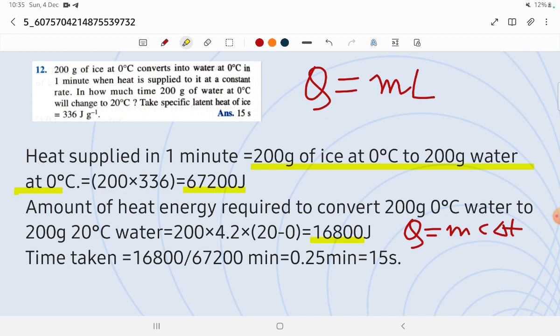So 1 joule energy is supplied in 60 by 67200 seconds, so this amount of heat energy will be supplied in that time. I have converted this into second. First I got the answer in minute, because 67200 amount of heat energy was supplied in 1 minute. Later you can convert this into second.